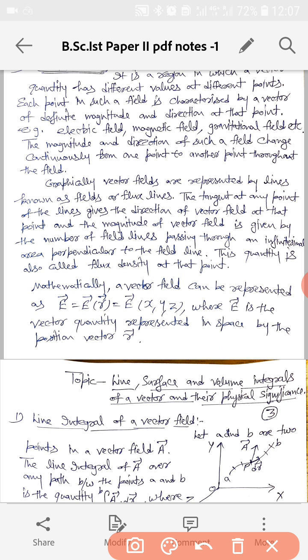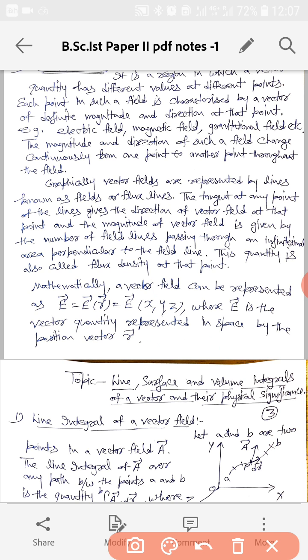Mathematically, a vector field is represented by a vector quantity. Say E is a vector which is again a function of the position vector r, which depends on the space coordinates x, y, and z. So that is how we define the vector field.